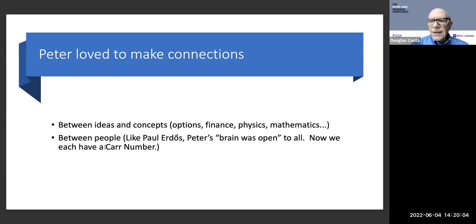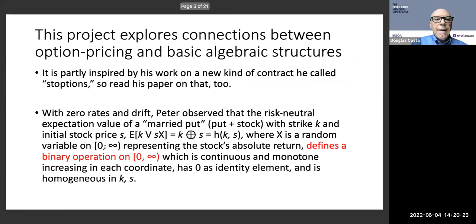And I have recently been thinking of him as being kind of like Paul Erdős. His brain was open to anyone who was interested in working with him. And now perhaps we each have a Carr number, similar to the Erdős number that mathematicians like to talk about.